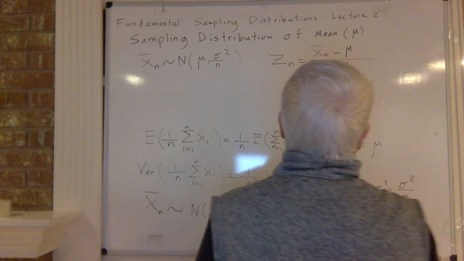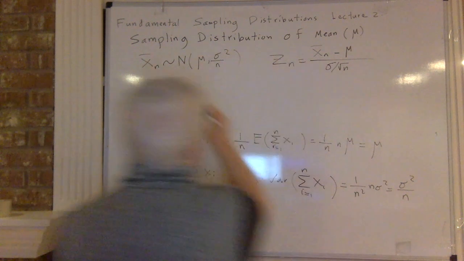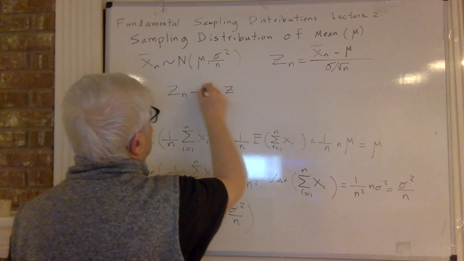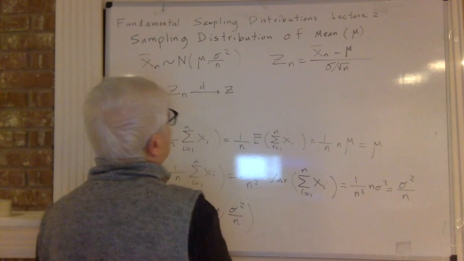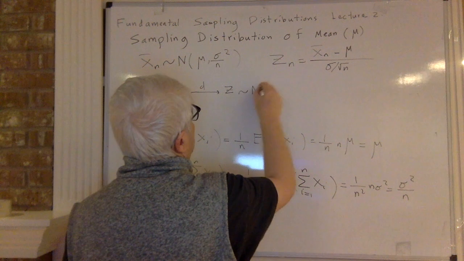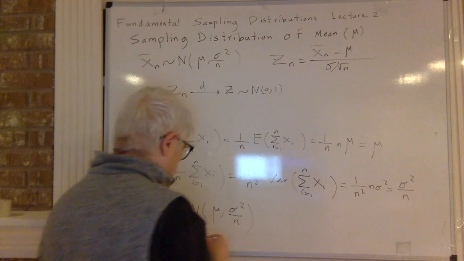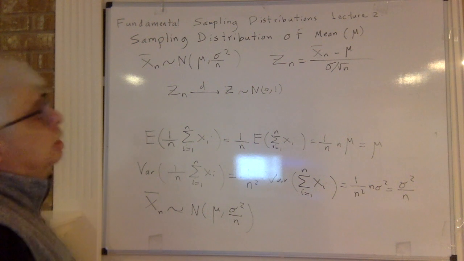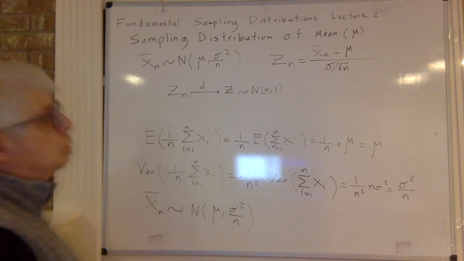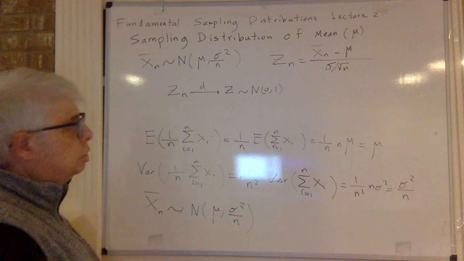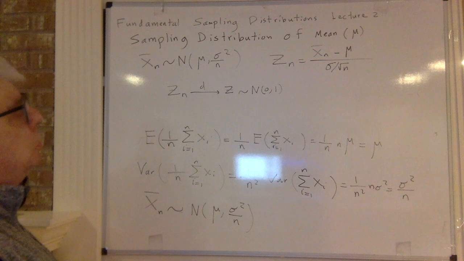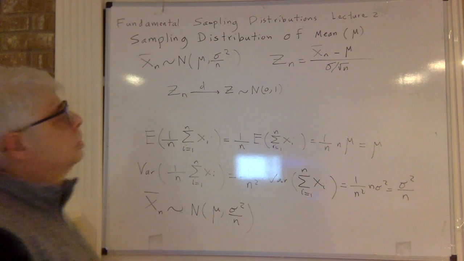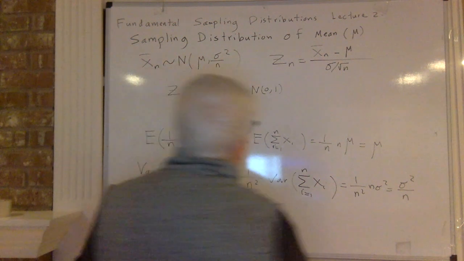Now by the central limit theorem, this Zn approaches some Z in distribution that is N(0,1). So as n gets larger and larger, that is getting closer and closer to the standard normal distribution. So we can treat that as N(0,1) for n large.